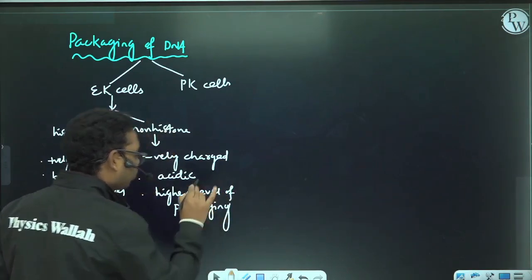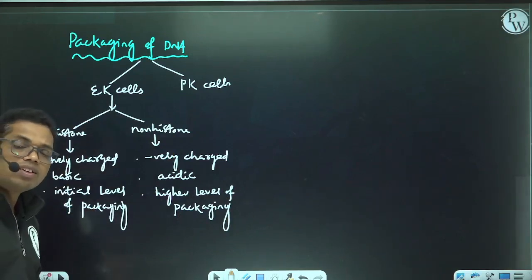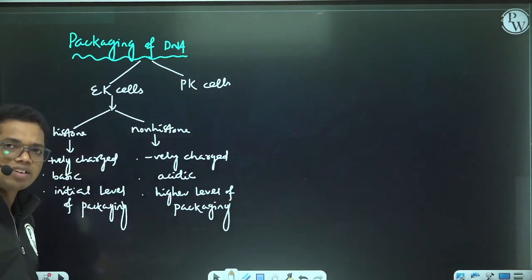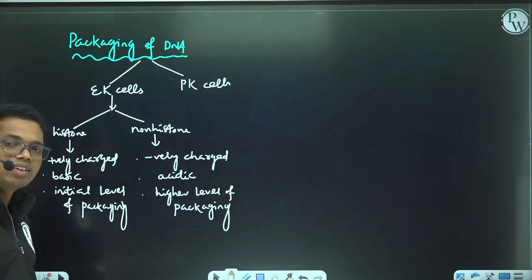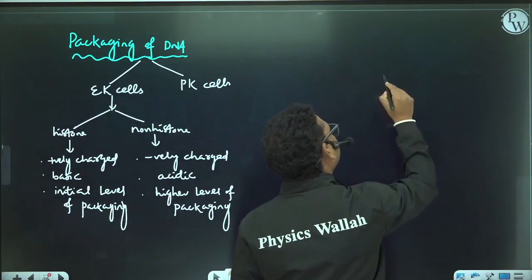This histone protein is of two types. One is core histone, and second is linker histone. Let me write that part here.